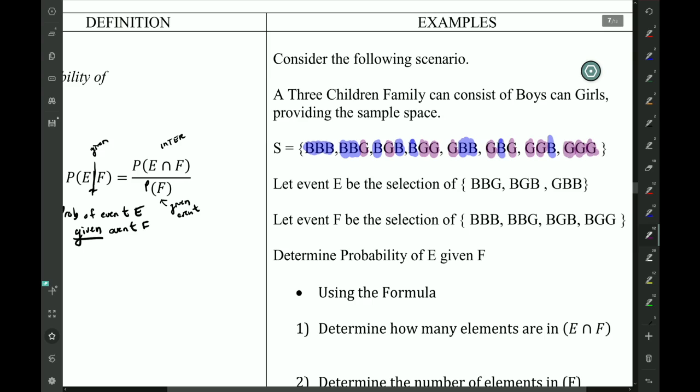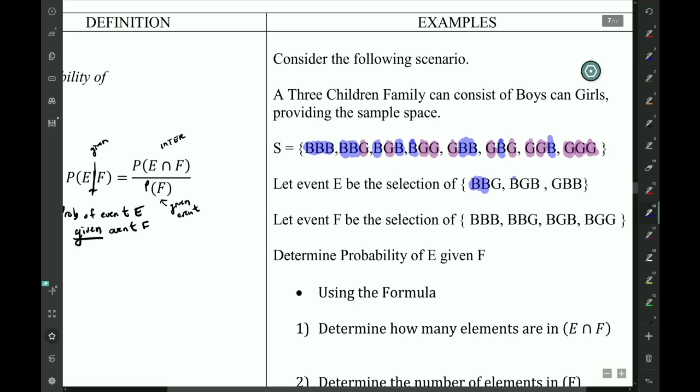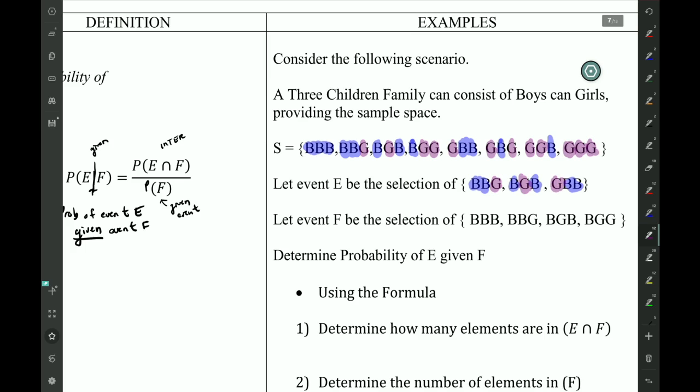Let's let event E be the selection of either boy, boy, girl, girl, boy, girl, or girl, boy, boy. Again, I will be giving you the events. Now, as you go through, it's a good idea to think of the different probabilities, but we'll keep going here.